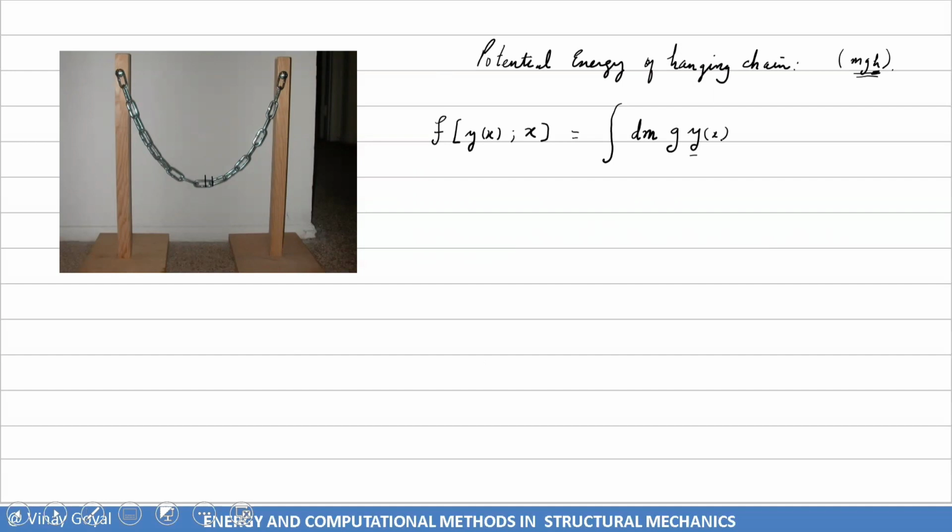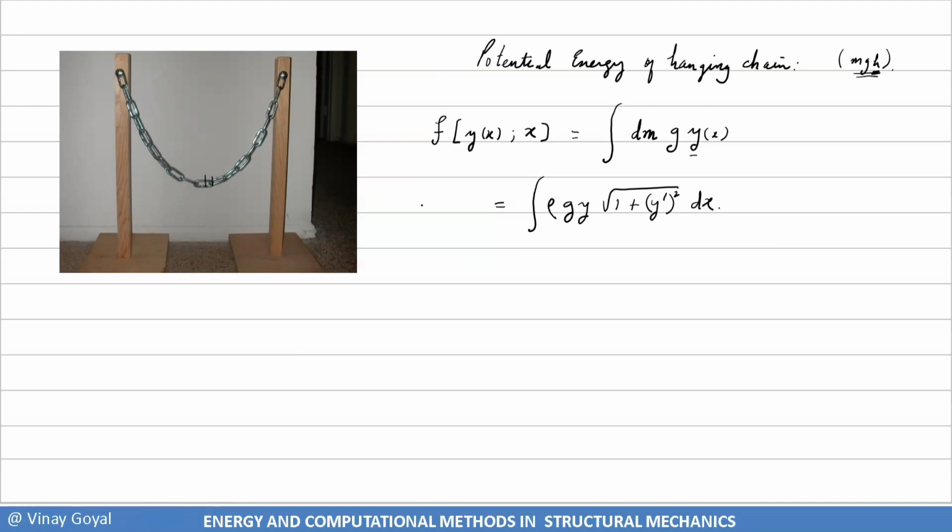And here we will notice that I have the integral, and dm is basically the density. So I have really rho g y times the square root of 1 plus y prime squared, and then dx.